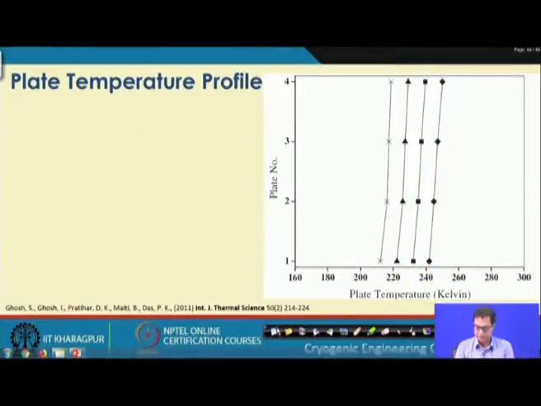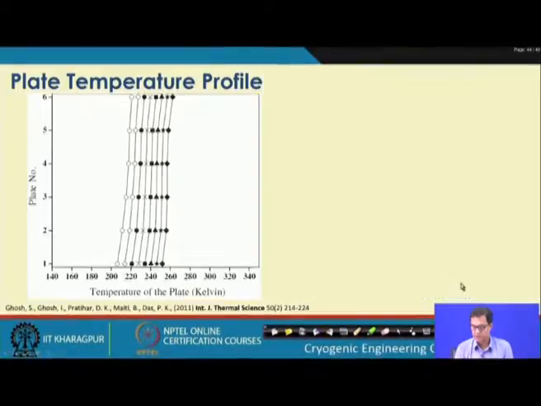If it is not an optimum stacking pattern, then how it gets varied, we can see with another example. We will not go into the details of this one.